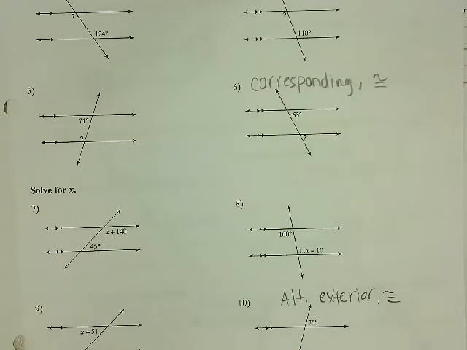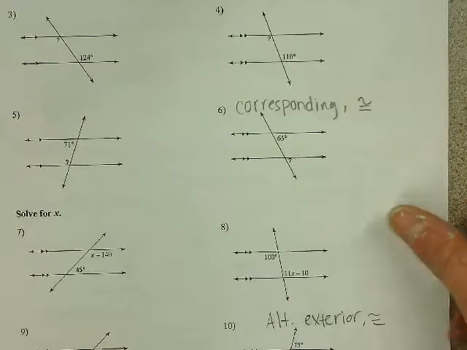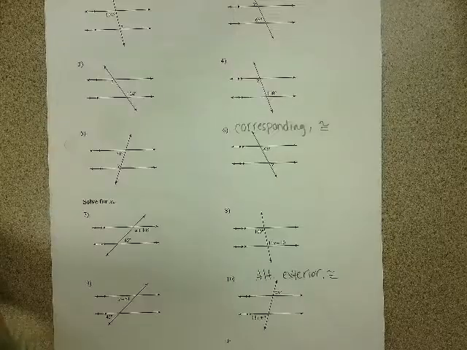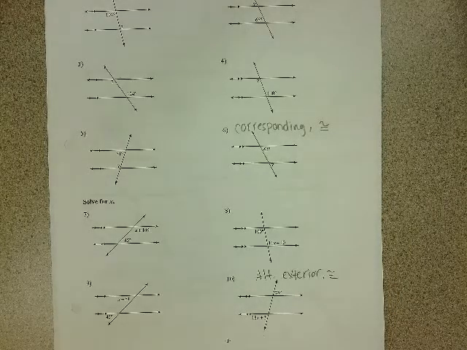Okay? So I gave you 3 out of 20. So you don't have to solve. I just want you to write what type of angles they are, and then if they're congruent or supplementary. Okay? And then we can solve on Monday.